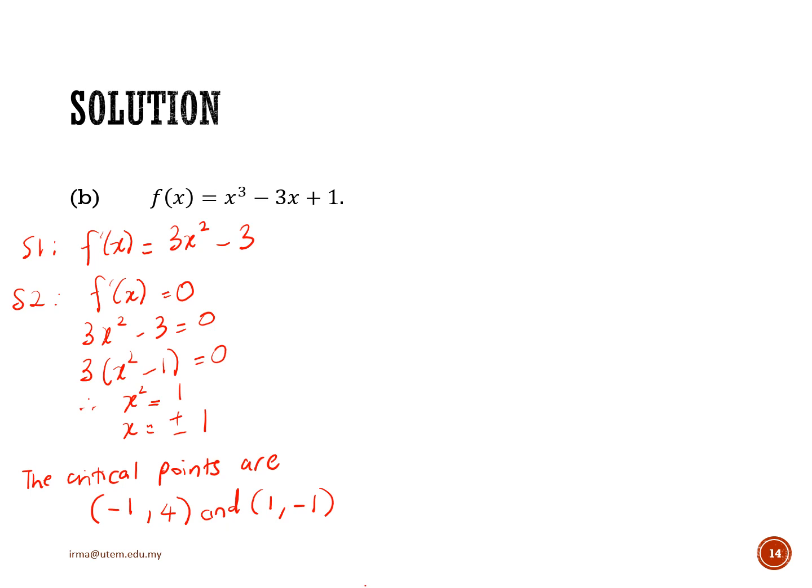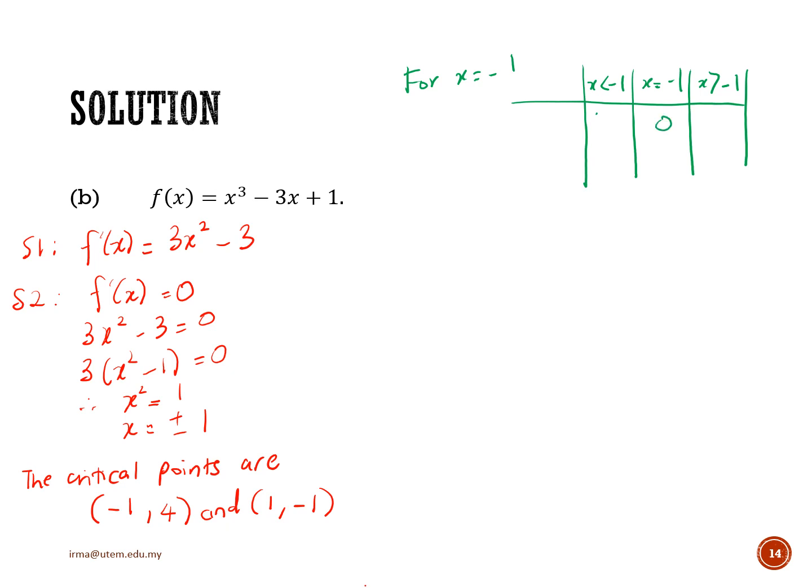For x equal to negative 1, this is x equal to negative 1, this is x greater than negative 1, this is x less than negative 1. Here we have 0.